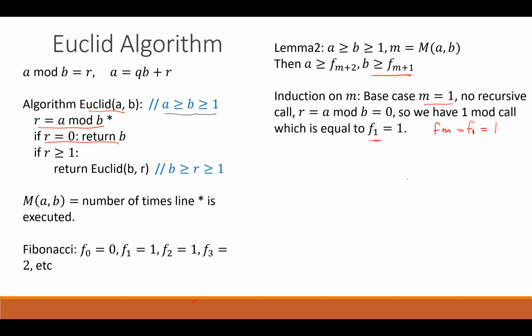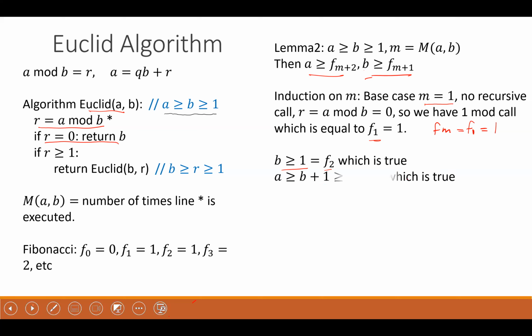So then I will argue that B is at least f of 2, and then A is at least f of 3. Hopefully that makes sense. B is at least f of 2. Well, f of 2 is simply 1. B must be at least 1. So that's true. And A is greater than or equal to B plus 1, which is equal to f of 3.